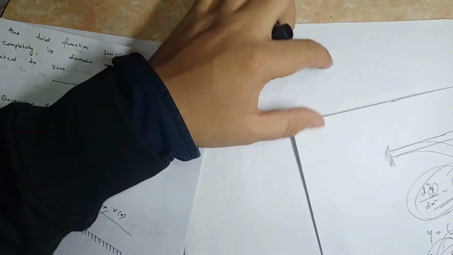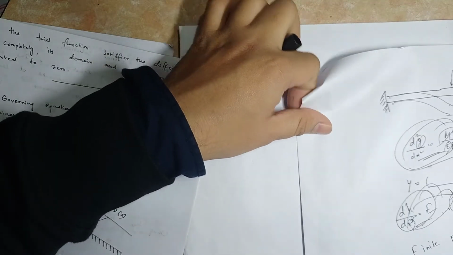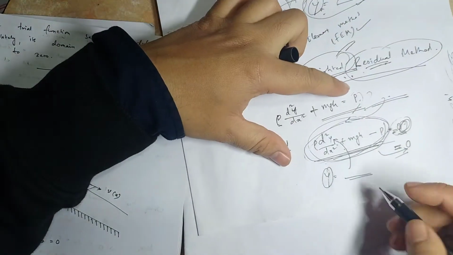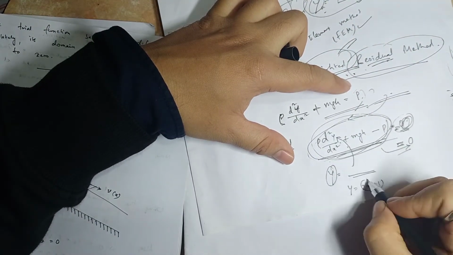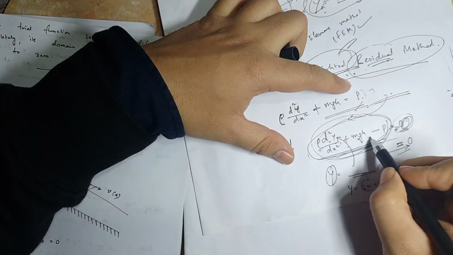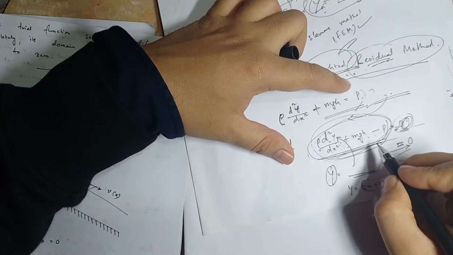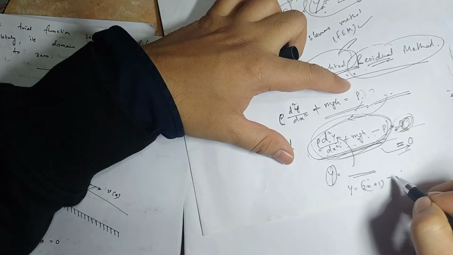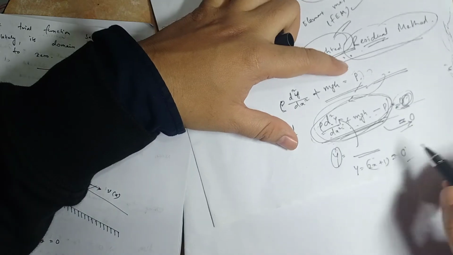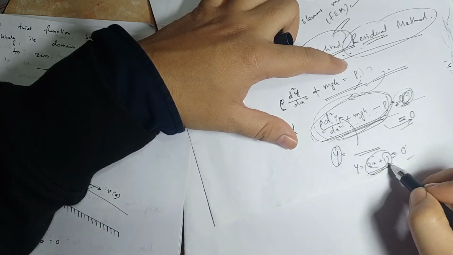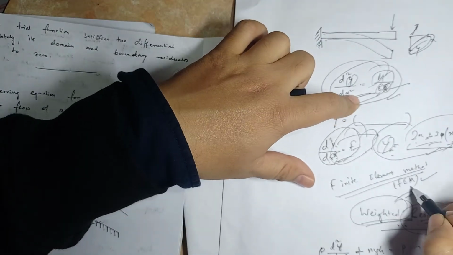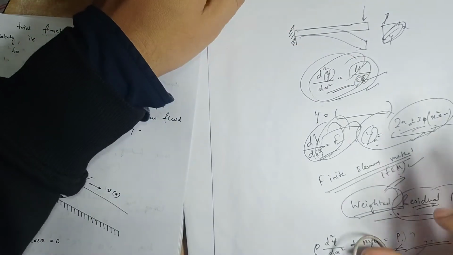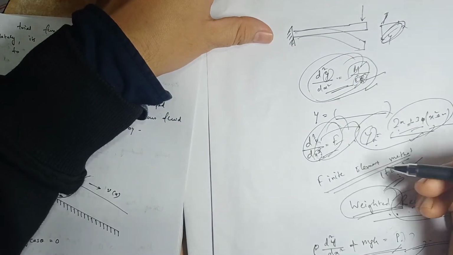Let's say for this equation we put y equal to twice x plus 1, and put all the values of rho, mg, whatever we have, then everything cancels out and it is exactly equal to 0. That means this is the exact solution. But FEM is a tool to find an approximate solution, it's a numerical method, right? So approximate solutions will be there.